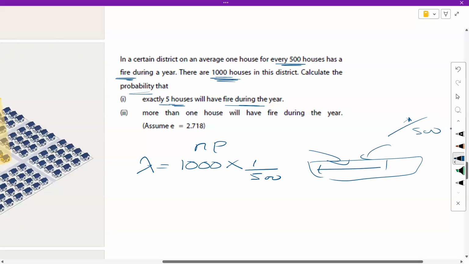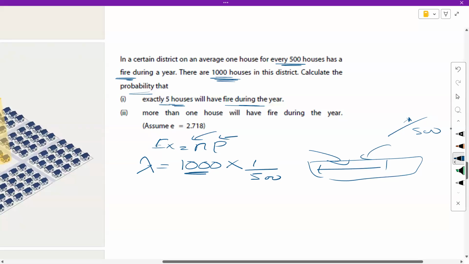We discussed this in the previous class, and I have shared the recording as well. Expectation equals NP, where N is the number of repeated trials and P is the probability.